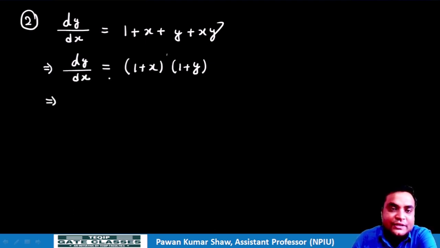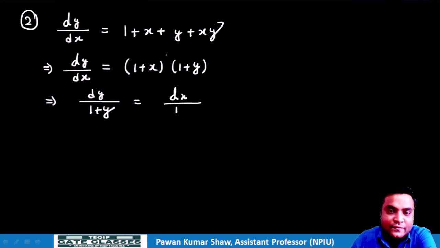So we can keep the y function with our dy term. So dy by 1 plus y, and then dx with 1 plus x. Sorry, it will simply be (1 plus x) into dx. Now we can do the integration.